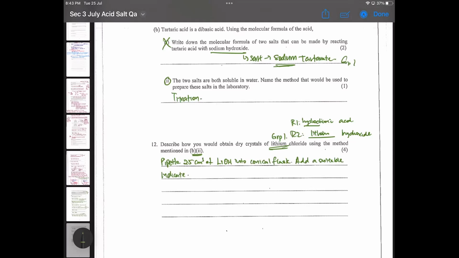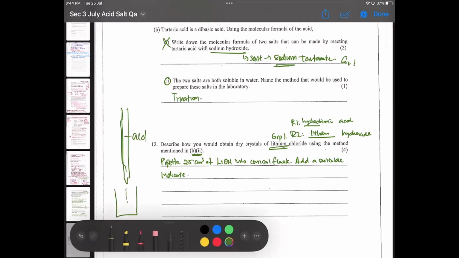Okay, on the phrasing, because I believe you all have seen the titration video. In this case, because I pipette the 25 cm cube of lithium hydroxide into the flask, that means in the burette, this will be the acid. The acid will be dropped into the conical flask drop by drop.